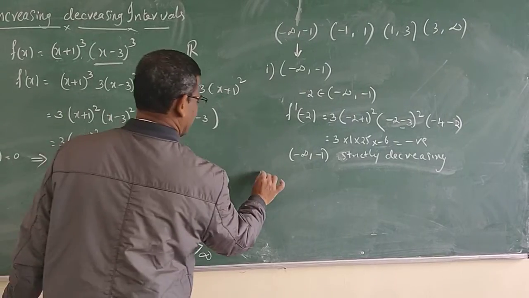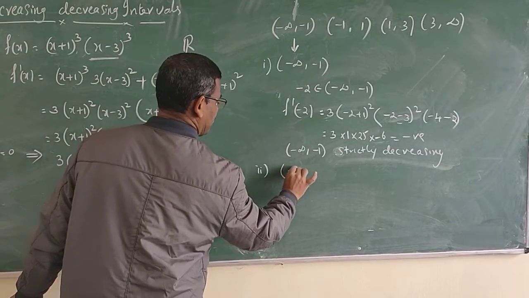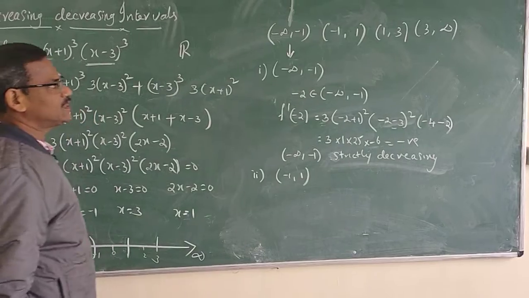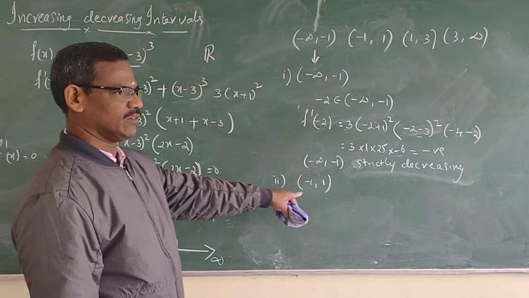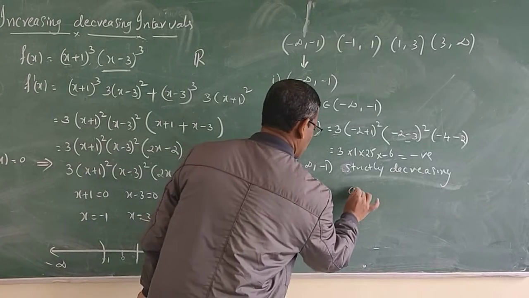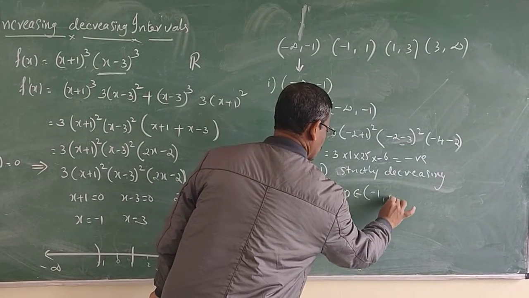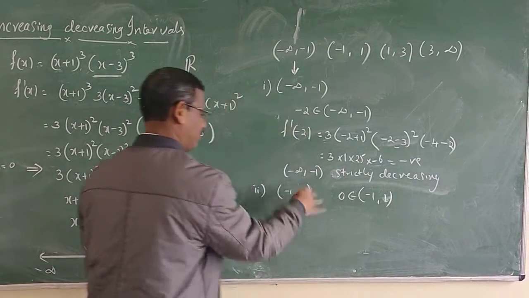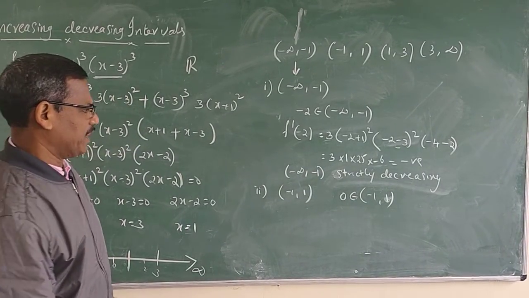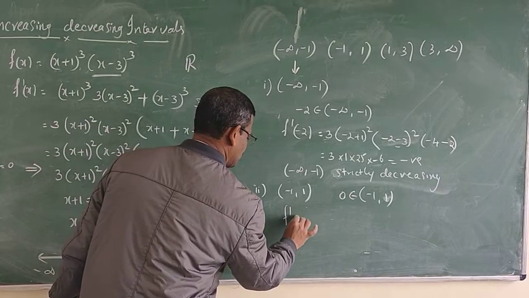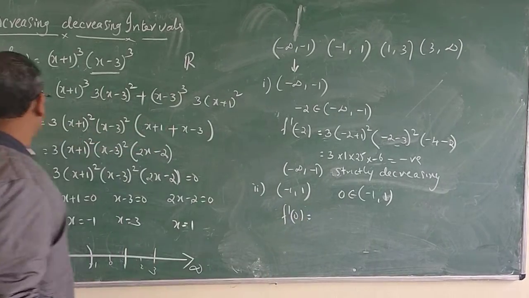Now let us take the second one, -1 to 1. 0 is a point of this interval, so 0 belongs to -1 to 1. We will take the convenient value; any point you can take within this interval. Then what is f'(0)?